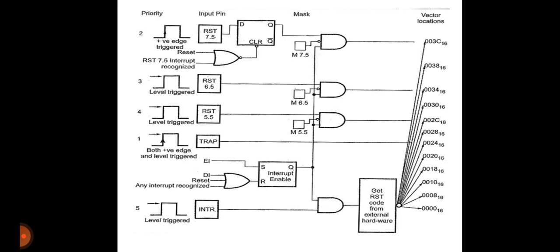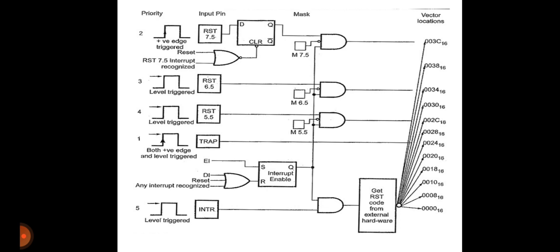This memory location where the subroutine starts is referred to as a vector location, and such interrupts are called vectored interrupts. The INTR is not a vectored interrupt. It receives the address of the subroutine from the external device.